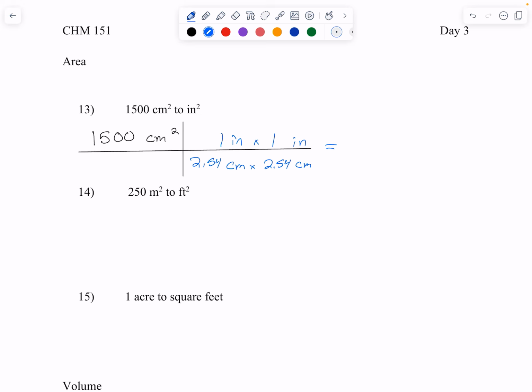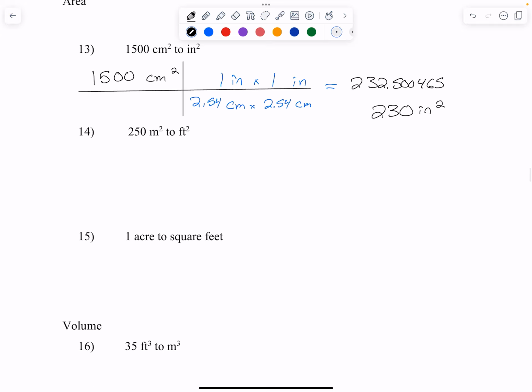My recommendation: everything on the bottom, you hit divide. Everything on top, you hit multiply. And if we do this, I think we get 232.500465, which I have 2 sig figs, so that becomes 230 inches squared. All right, so there you go.